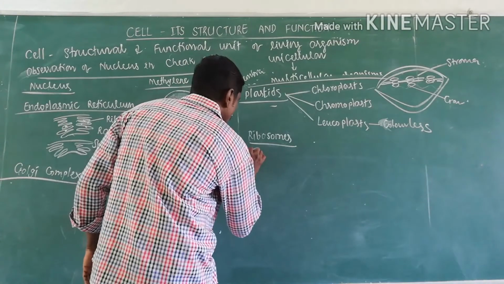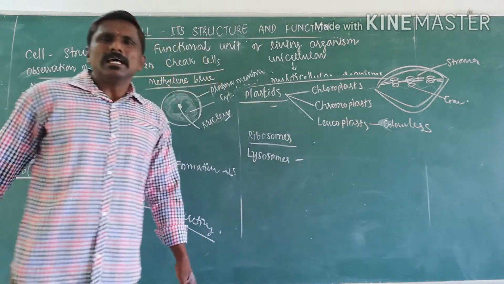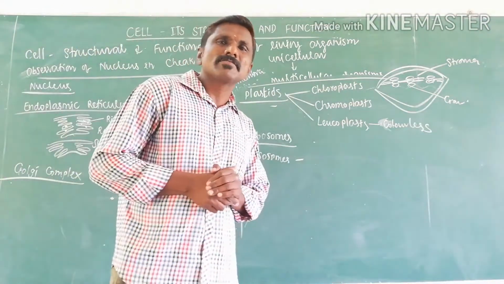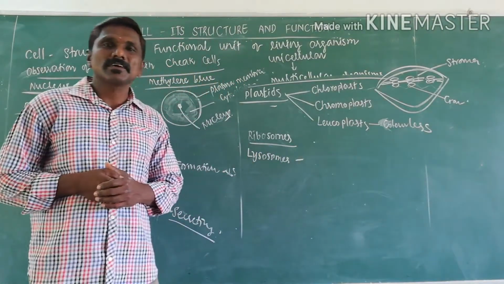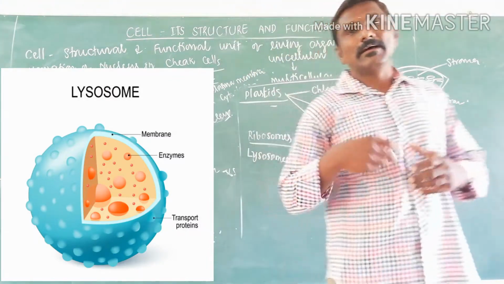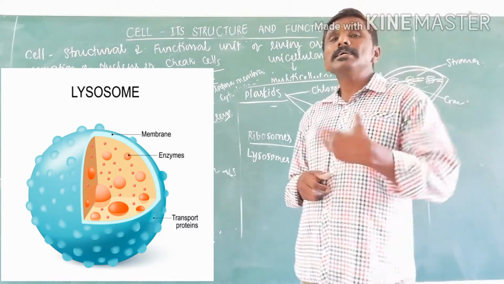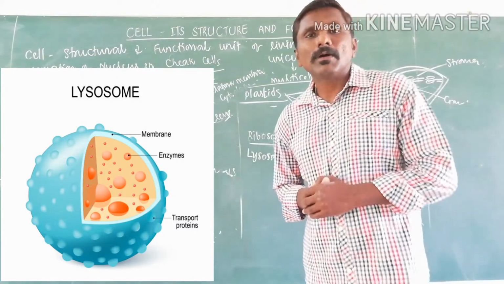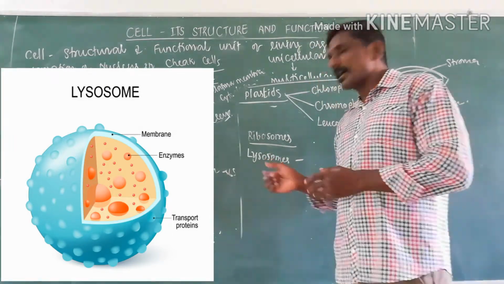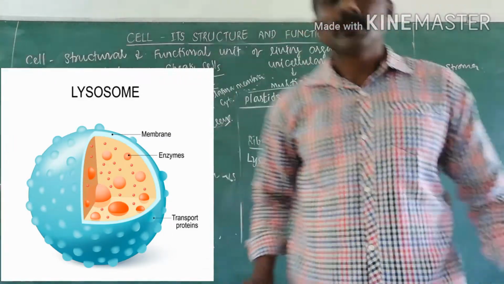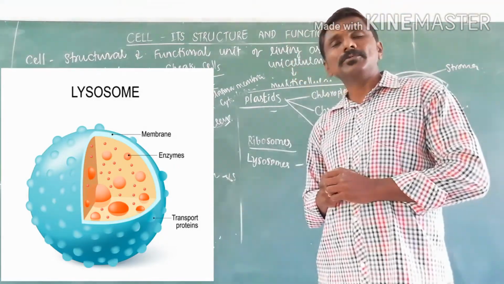And another one will be the lysosomes. Lysosomes are the suicidal bags of the cell. These are vesicular structures observed in the cytoplasm of every cell, where the lysosomes keep the cell clean by digesting worn-out cellular material, using digestive enzymes.